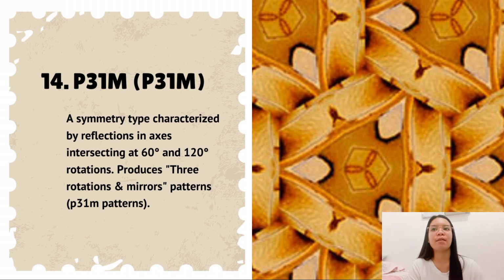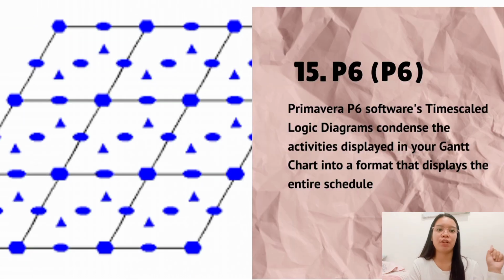The 14th example is P31M, characterized by reflection axes intersecting at 60 and 120-degree rotation. However, it produces 3 rotations and mirror patterns. Earlier it was only mirrors, but right now it produces 3 rotations and a mirror pattern as well.